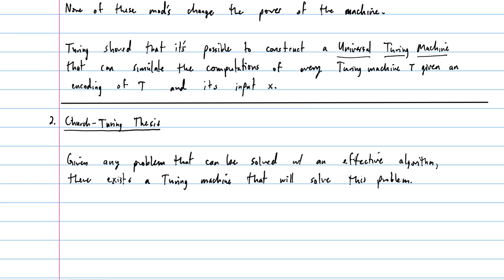Now, the problem arises in what the heck does effective algorithm mean? This is an informal and imprecise idea. Really, it's the effective algorithm part here that is not well defined.